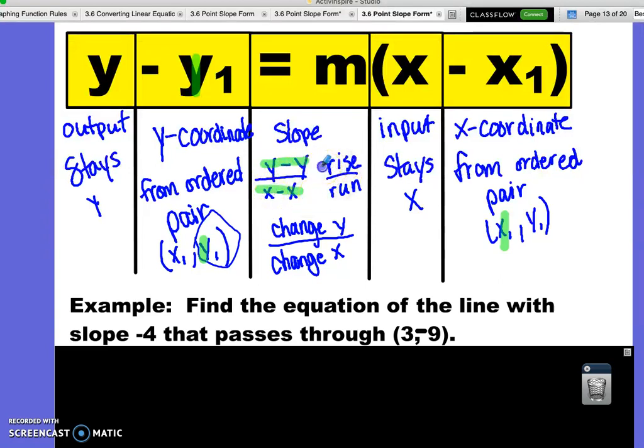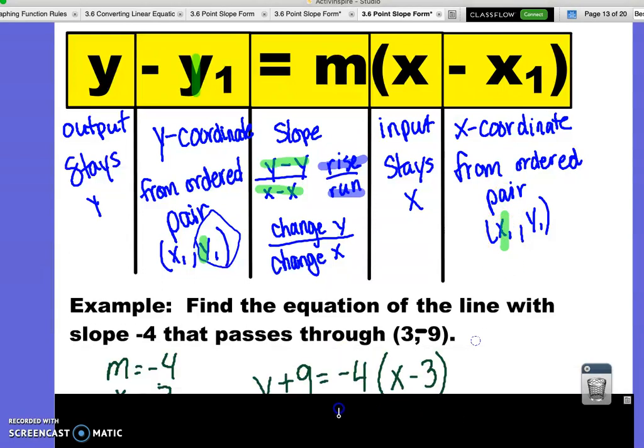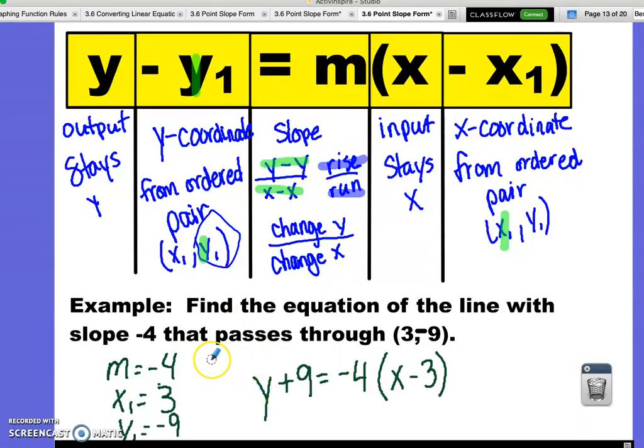If it's from a graph, it's rise over run, or we could also say it's the change of the y over the change of the x. The x stays x. It's also the input. And then x sub 1 means it's just the x coordinate from the ordered pair.